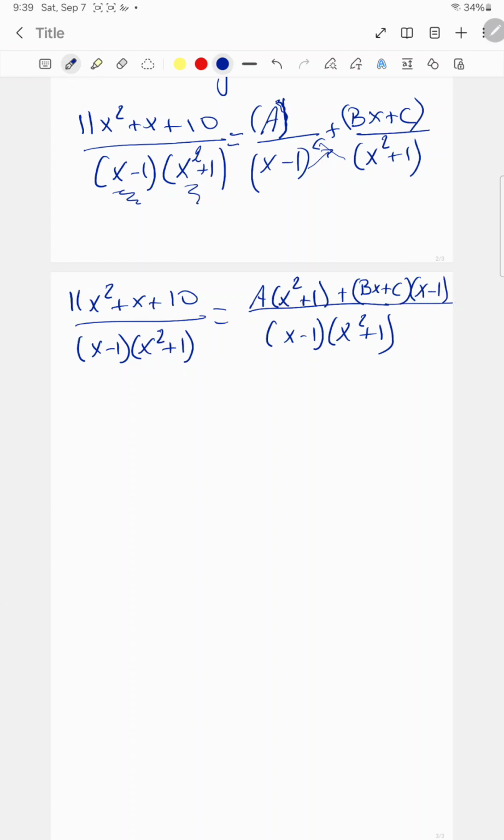And now, because I have the same denominator on the right hand side and the left hand side of my equality, I can get rid of the denominator, and let us work on the right hand side.